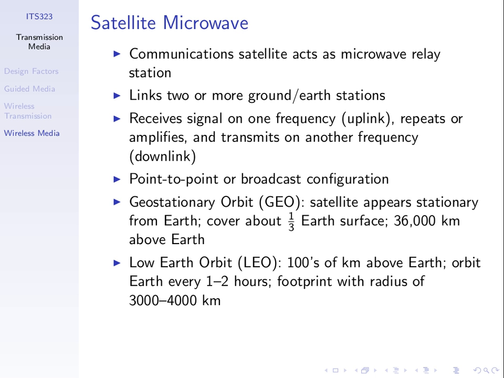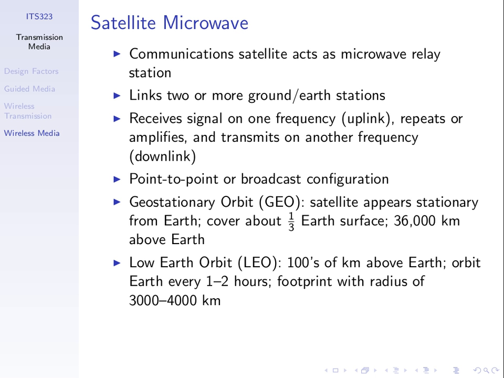With a LEO satellite, it's moving around, and if we have a user here, a ground station, then maybe for 10 minutes or 1 hour, that LEO satellite can connect to the ground station and provide coverage there. But for the rest of the time, it's on the other side of the Earth, and of course cannot transmit to here because it cannot transmit through the Earth, as we need line of sight communications.